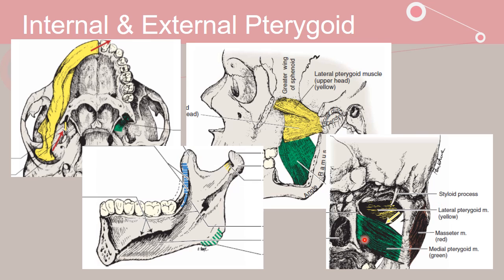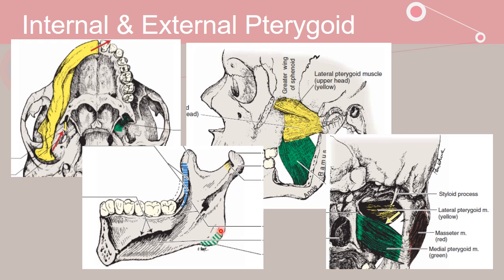The internal pterygoid muscle originates from the medial surface of the lateral pterygoid plate here and pterygoid fossa of the sphenoid bone. It inserts into the medial surface of the mandible in a triangular region at the angle and on adjacent portions of the ramus just above the triangle.